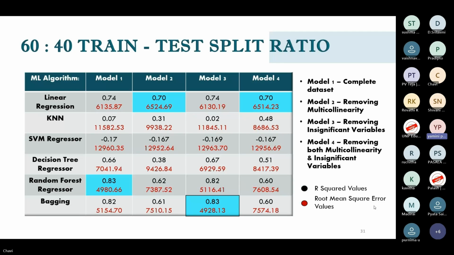In model 3, bagging has the highest R square value, that is 0.83, and the lowest root mean square error value, that is 4928.13. In model 4, linear regression has the highest R square value, that is 0.70, and the lowest root mean square error value, that is 6514.23.